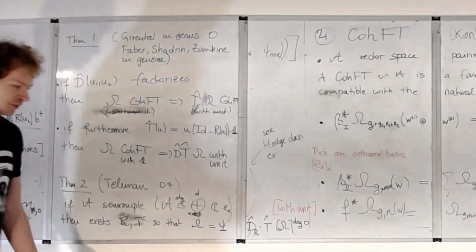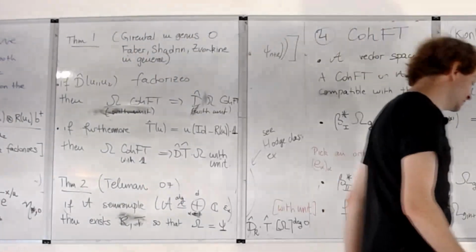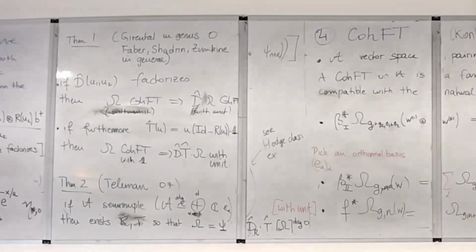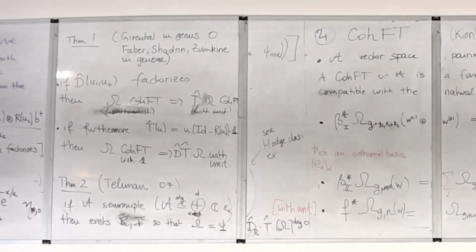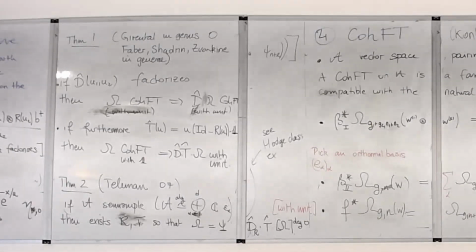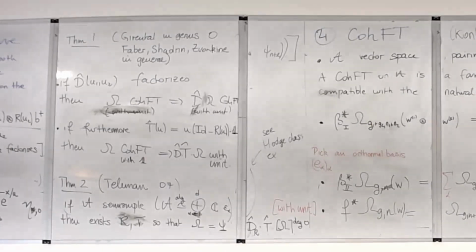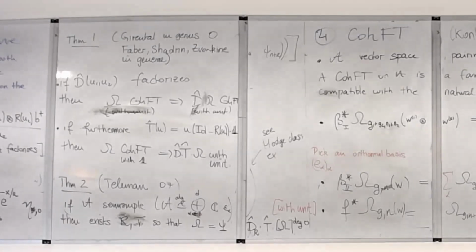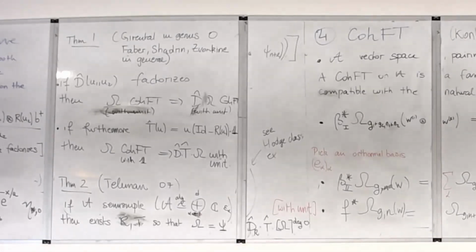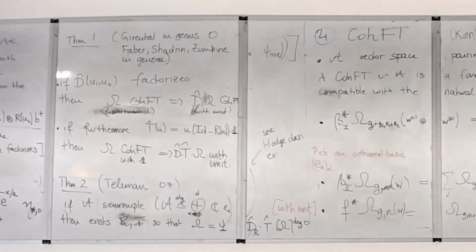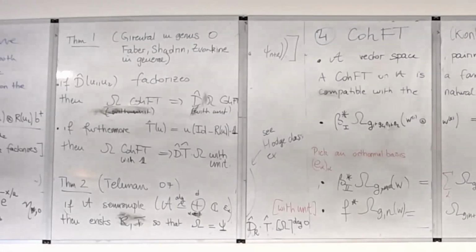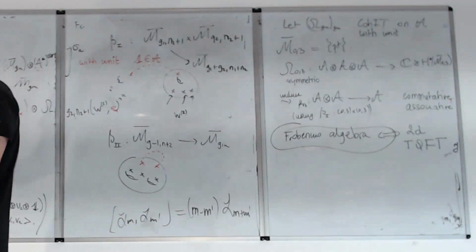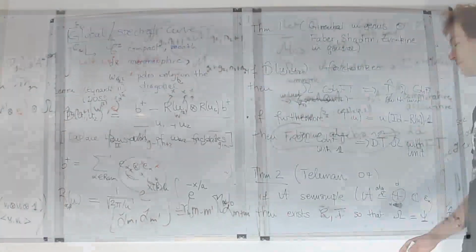So together these things tell you that if you have any CohFT on a semi-simple A, essentially you just need to know the degree 0 part. And the degree 0 part, I don't have the time, if you will take 5 more minutes, in fact is determined by this Frobenius algebra structure. So it's something quite easy. It's almost linear algebra to know it.